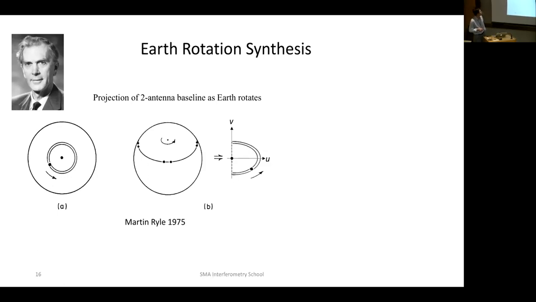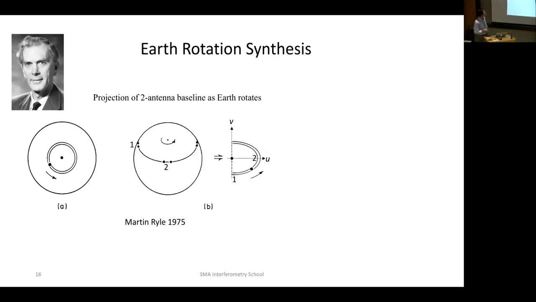and that was reproduced in Science in 1975. The idea is that this is the Earth, looked at from the North Pole. You have an antenna here and an antenna here. With Earth rotation, in 24 hours you produce sampling like a circle. Now, if you have a pair of antennas at some northern latitude, through the Earth's rotation you trace out these u and v data points.